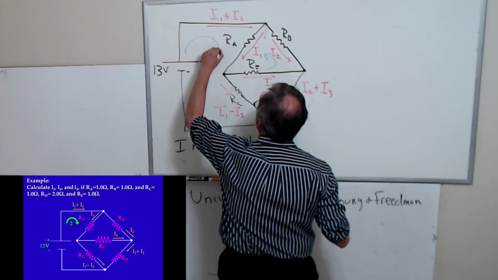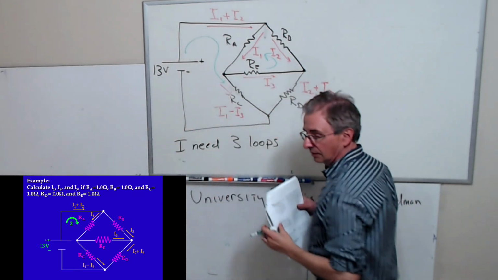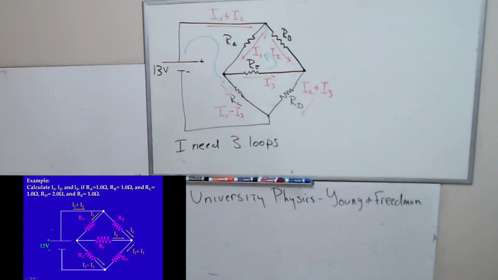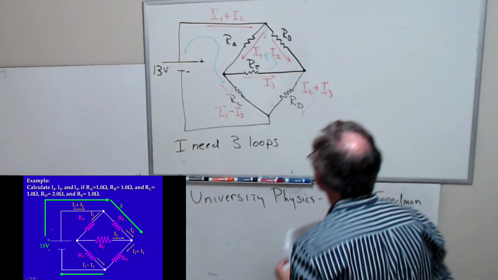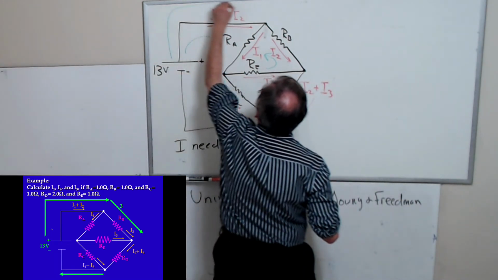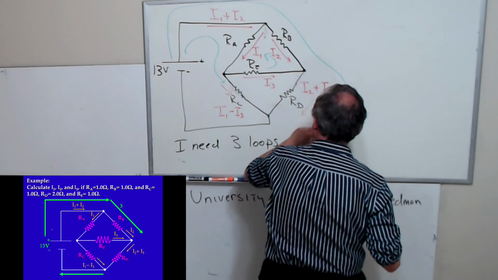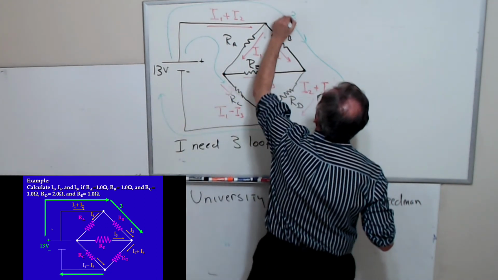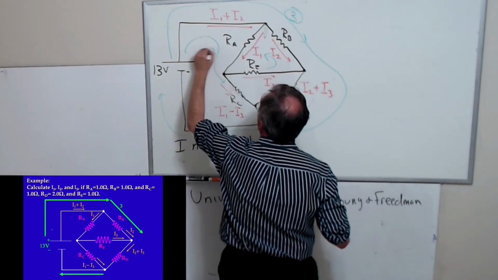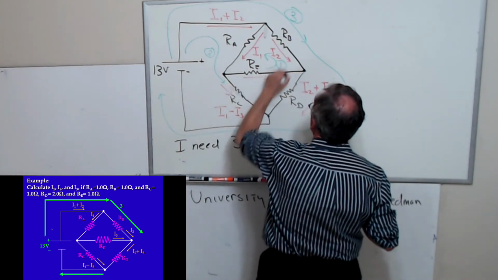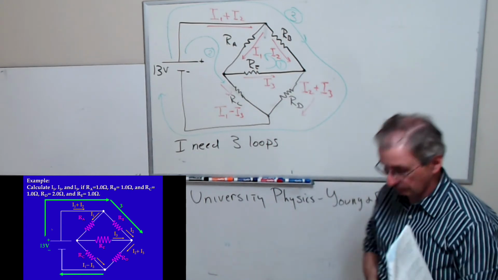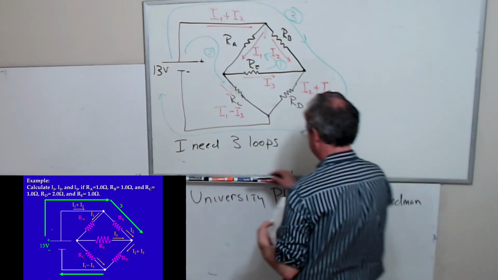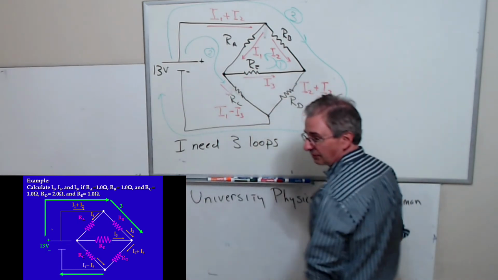So it's this one. And then the third loop, those are my 3 loops that I'm going to choose. Hopefully the green is not too faint. Okay, so you guys ready?